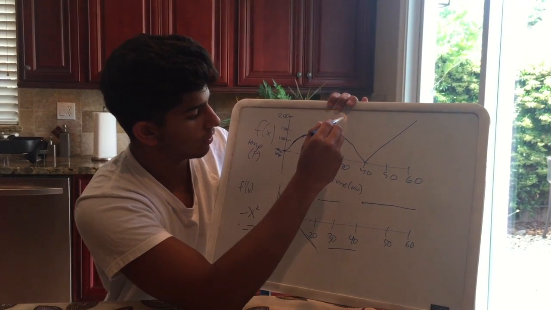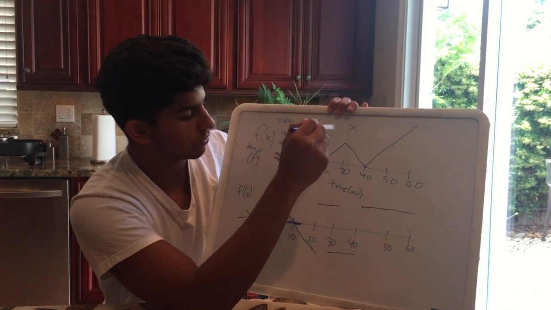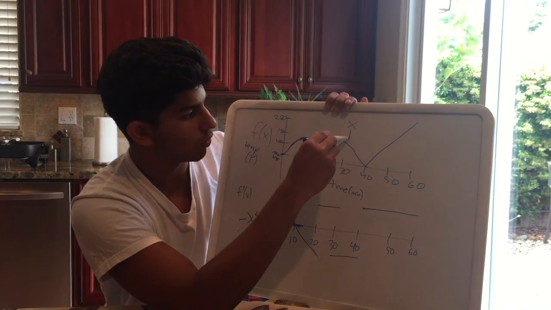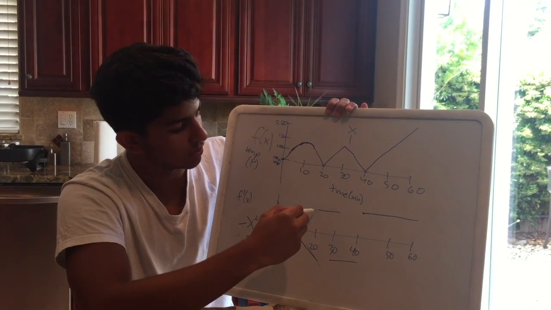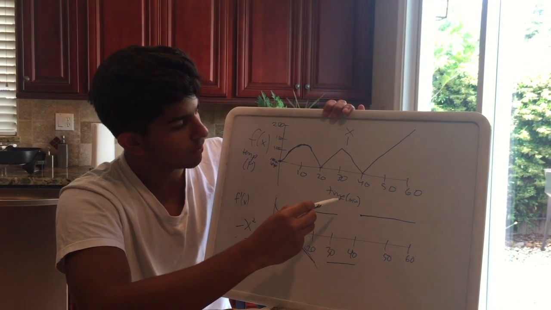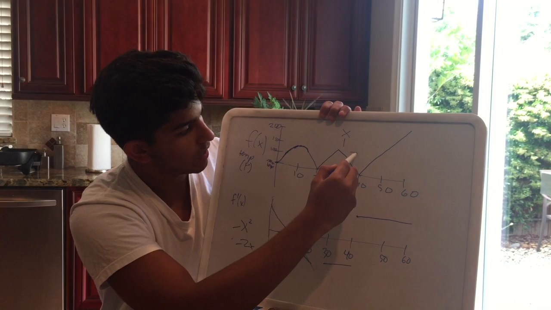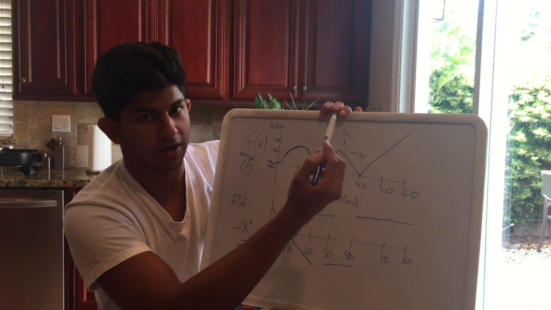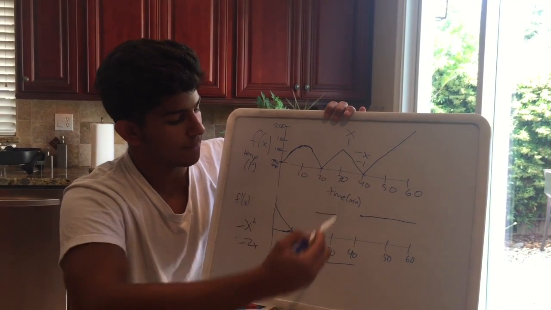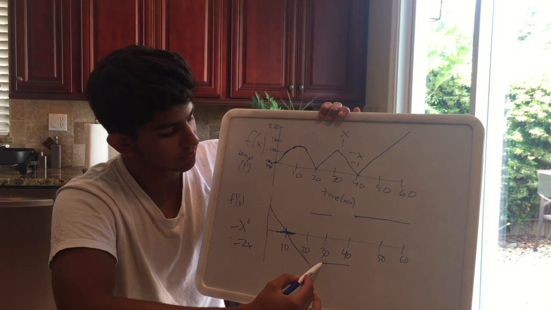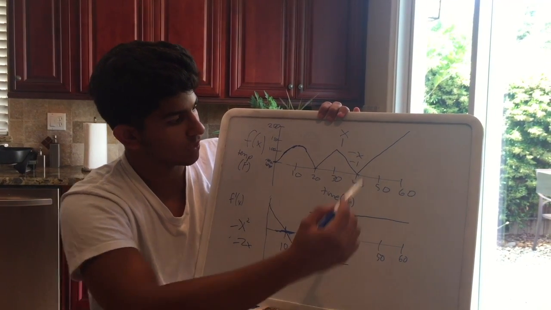This graph right here is x. The derivative of x is just 1, which is a positive number and it's constant, so it goes from 20 to 30. Now let's look from 30 to 40. It's negative x. The derivative of negative x is negative 1, so it goes under the x-axis and stays constant.